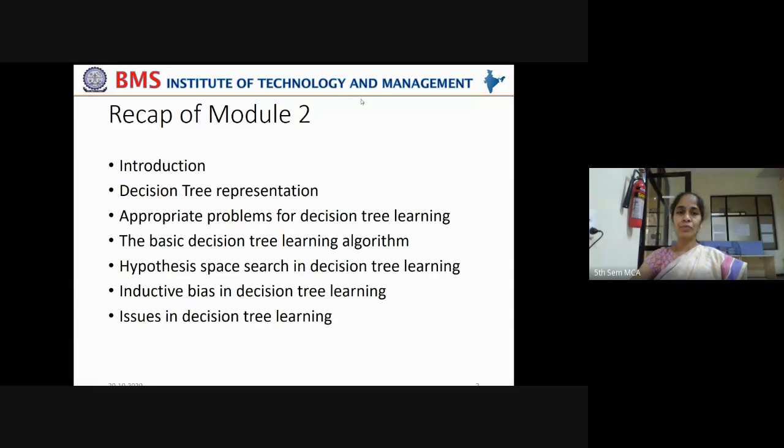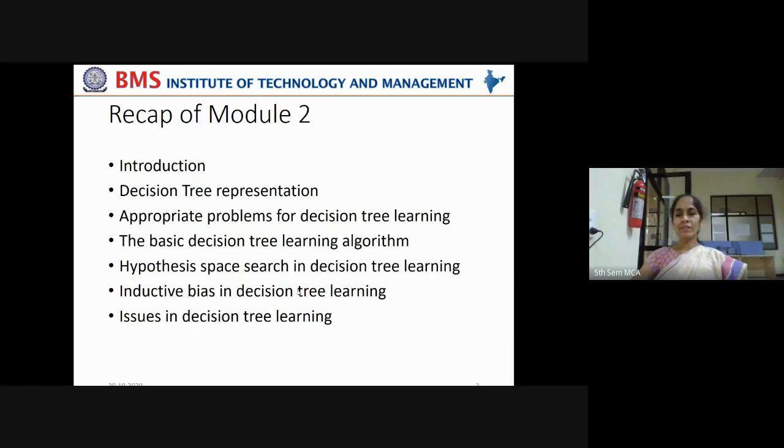The basic decision tree learning algorithm, that is the ID3 algorithm, and hypothesis space search in decision tree learning using ID3 have also been covered.